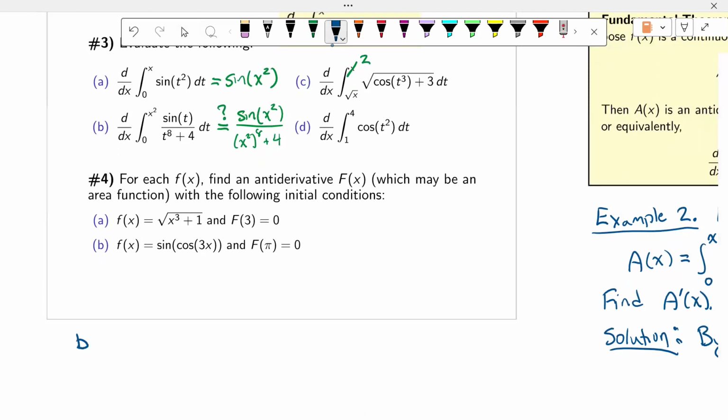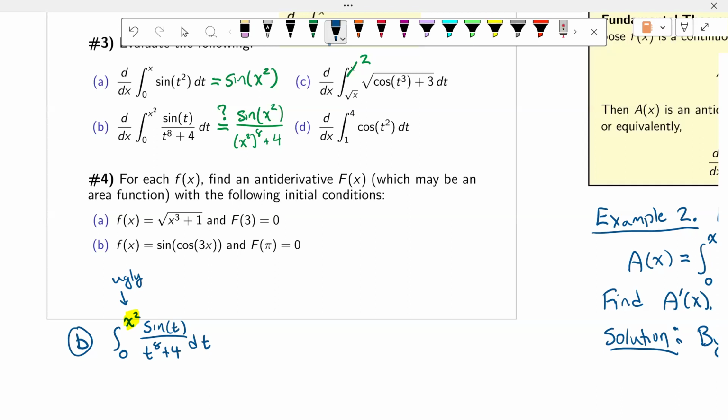So let's do part B here, because it is a little sneaky. But don't worry, you'll have a shot at redemption in part C. We have this integral here, and I do not know its derivative. Basically, this x squared is ugly.